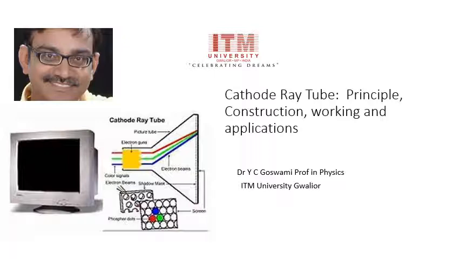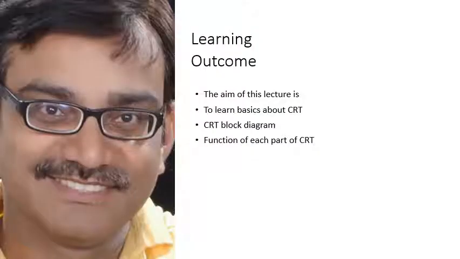To an extent, we have developed television to visualize faces, to visualize many things. Here we will discuss the principle, construction and working of these things in detail. The aim of the lecture is to learn the details about the cathode ray tube.